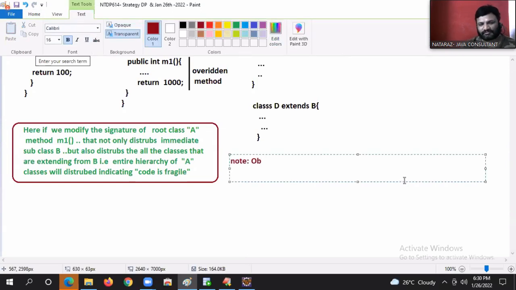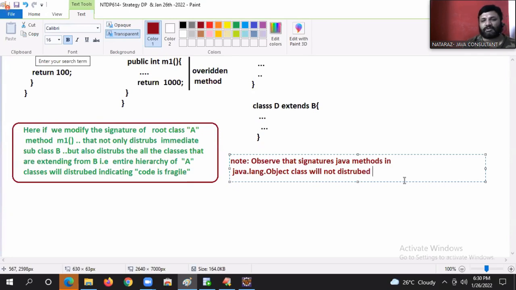Observe that the signatures of methods in the java.lang.Object class will not be disturbed.